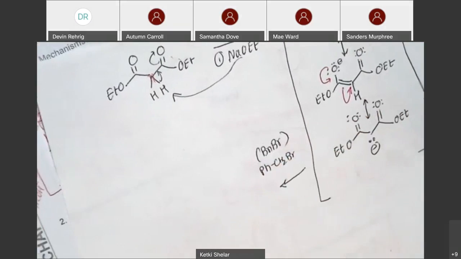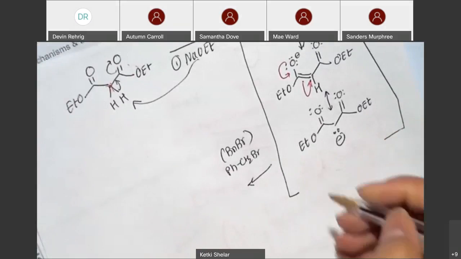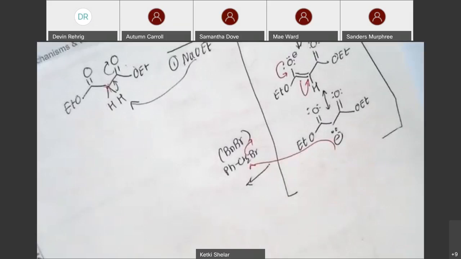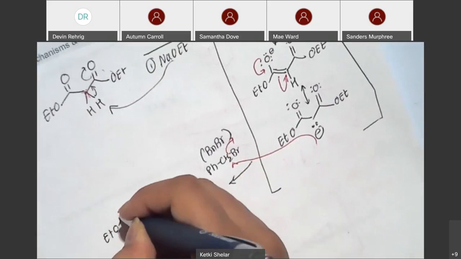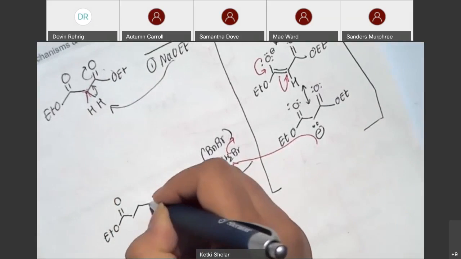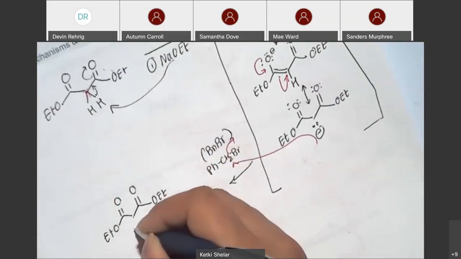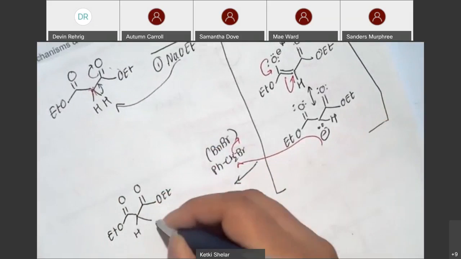You will add it, and then what happens is that this will go and attack here, and this will go away. There is a hydrogen there.